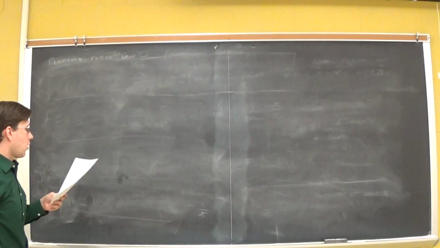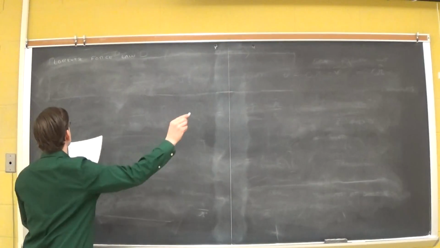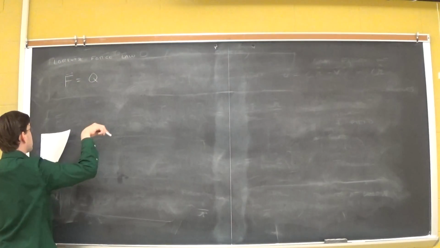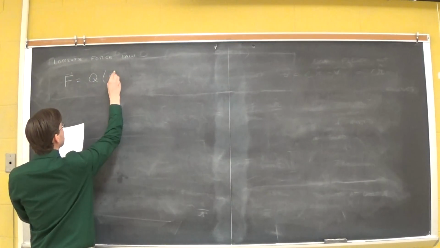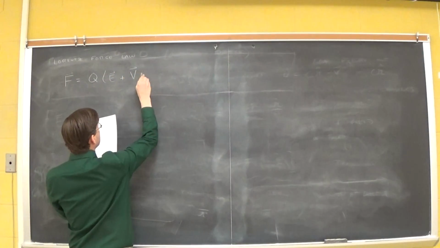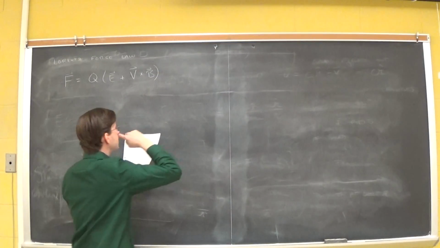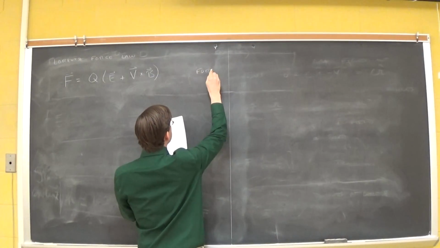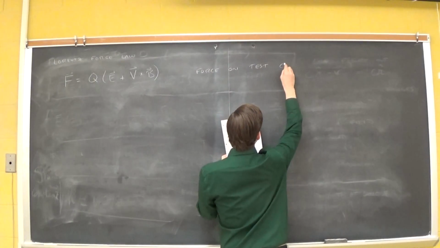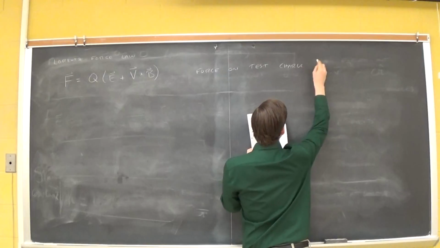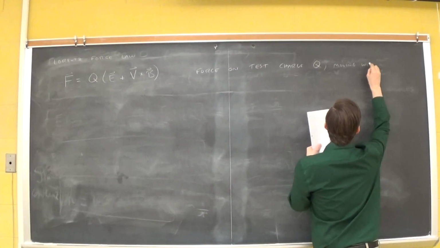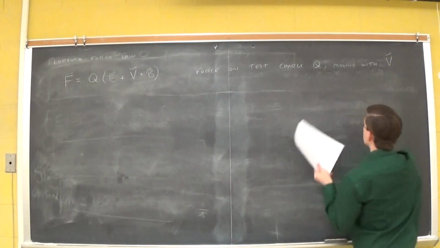We can always say that the force is equal to, let's say, capital Q times E plus, I'm going to call it a capital V vector cross B. And this is the force on a test charge, call it capital Q, moving with a velocity capital V.